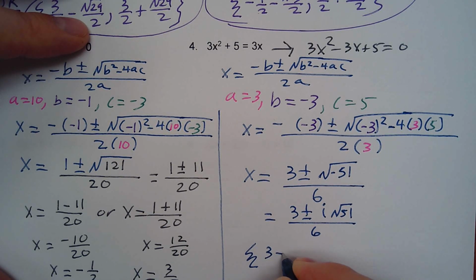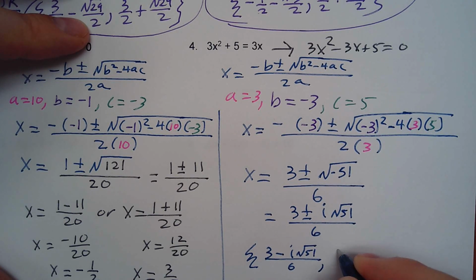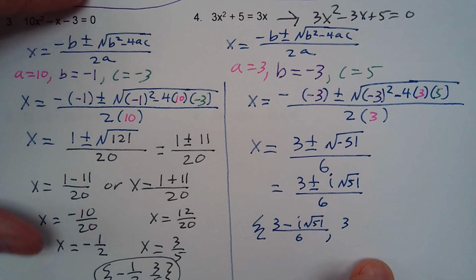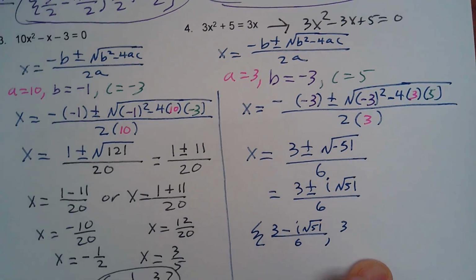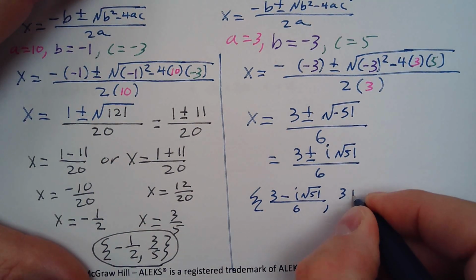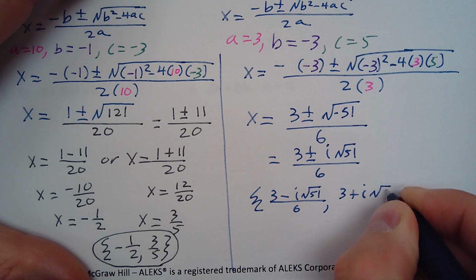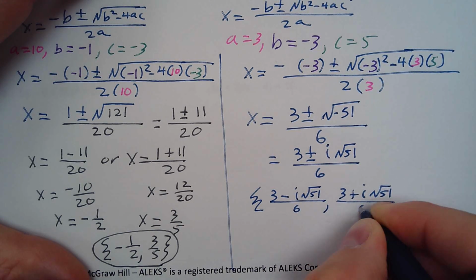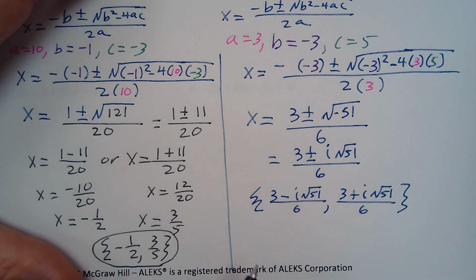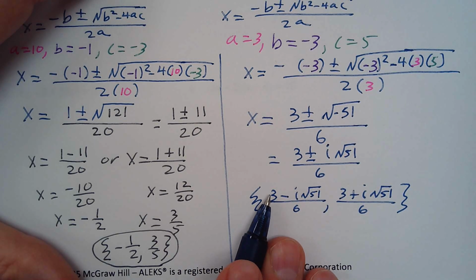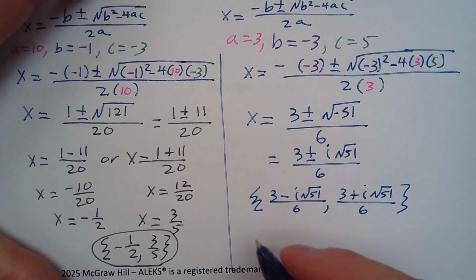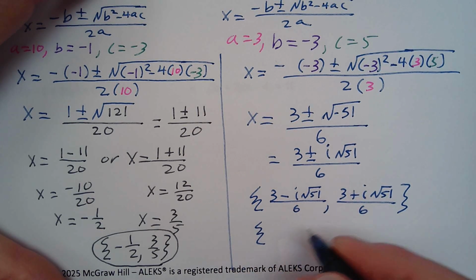So again, I can write it this way. If I decide to separate these out, when I put the 3 over 6, I can reduce that to 1/2. I can't reduce the 6 with a 51.